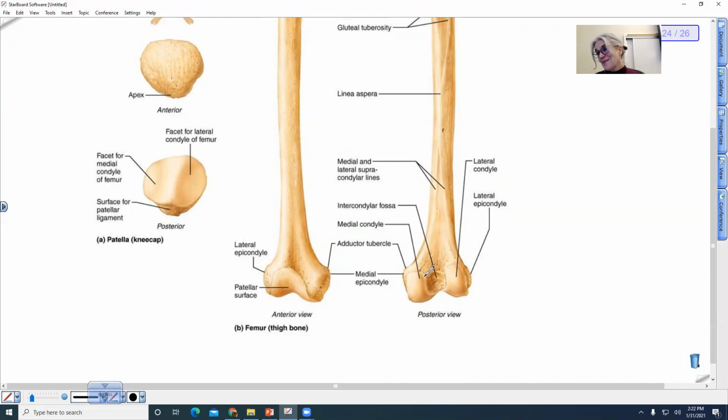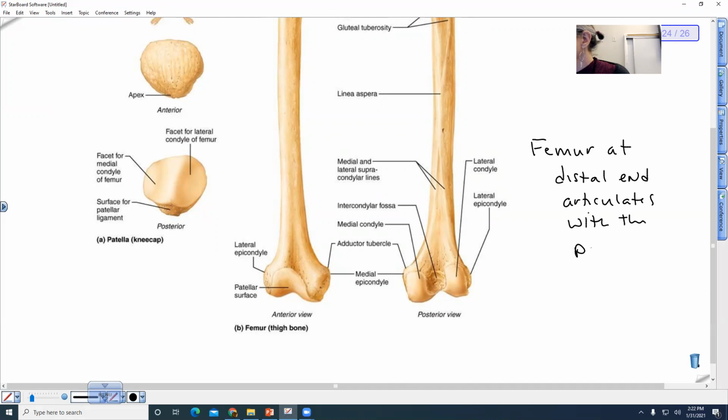The femur at the distal end articulates with the tibia and the patella. The patella is on the front of the knee joint.